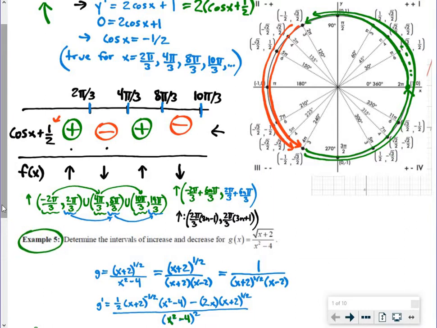Okay, all right, similar procedure for the intervals of decrease. Maybe I'll leave it to you to prove that the intervals of decrease are from 2 pi over 3 times (3n plus 1) to 2 pi over 3 times (3n plus 2).